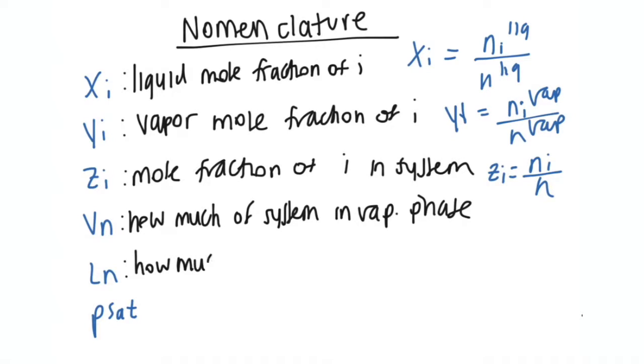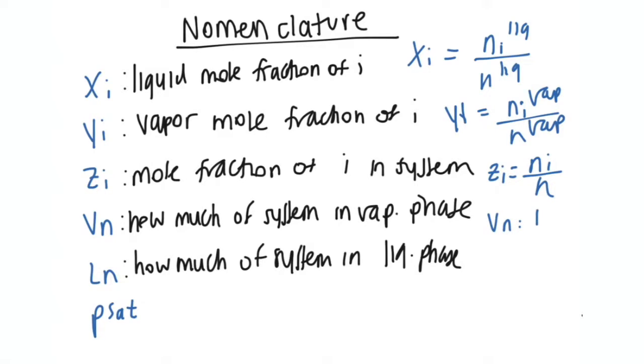So if it's more clear for you to see an equation, V subscript N would be moles in vapor over total moles. L subscript N would be n liquid over total amount of moles.